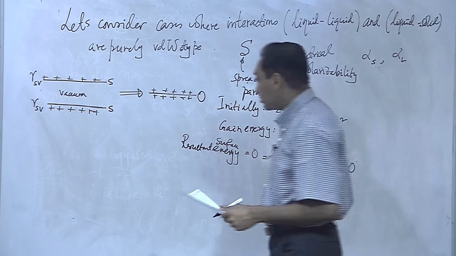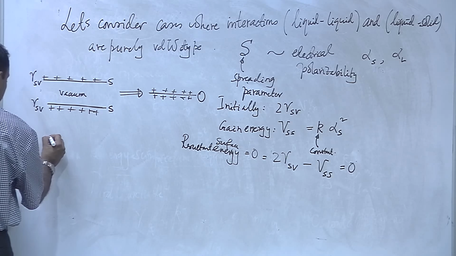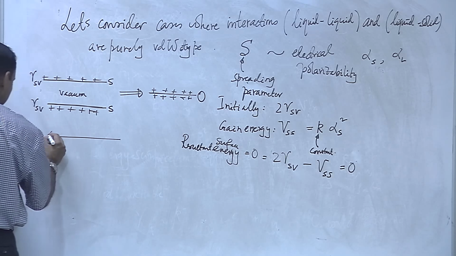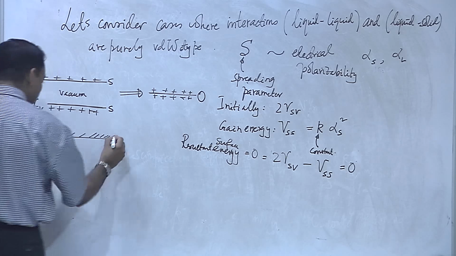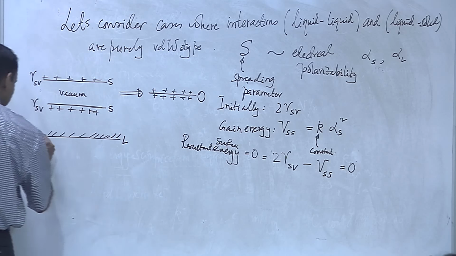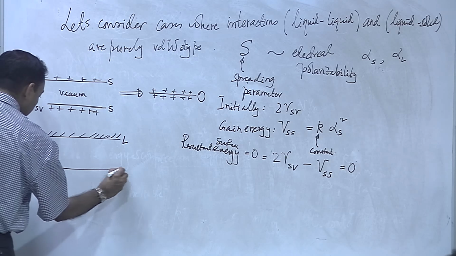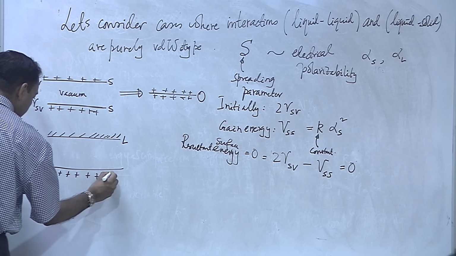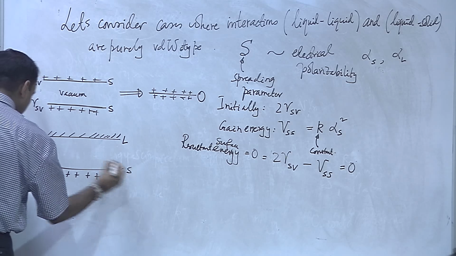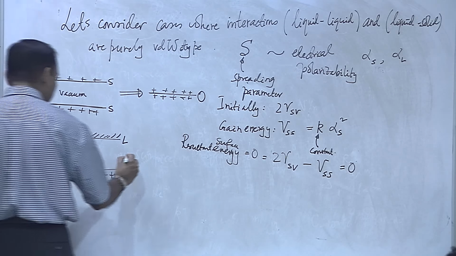We can do a similar thing where we have a solid, or in this case a liquid, say liquid gamma LV, and then we bring the liquid in presence of a solid. So, it has a gamma SV and we merge them.